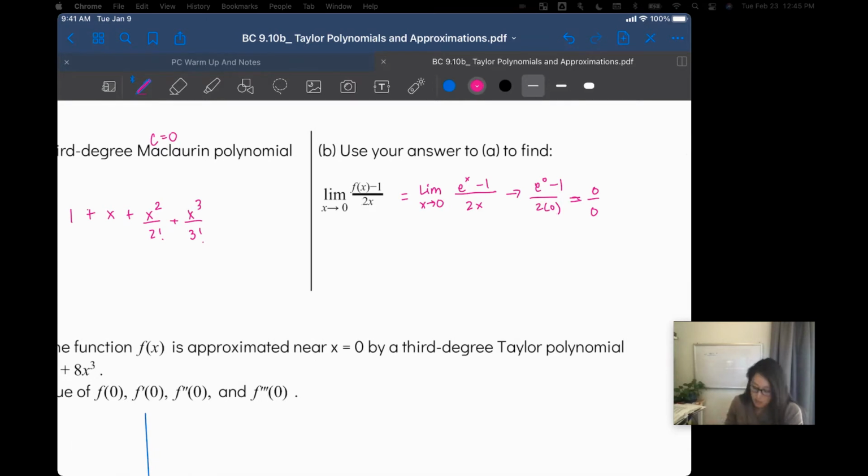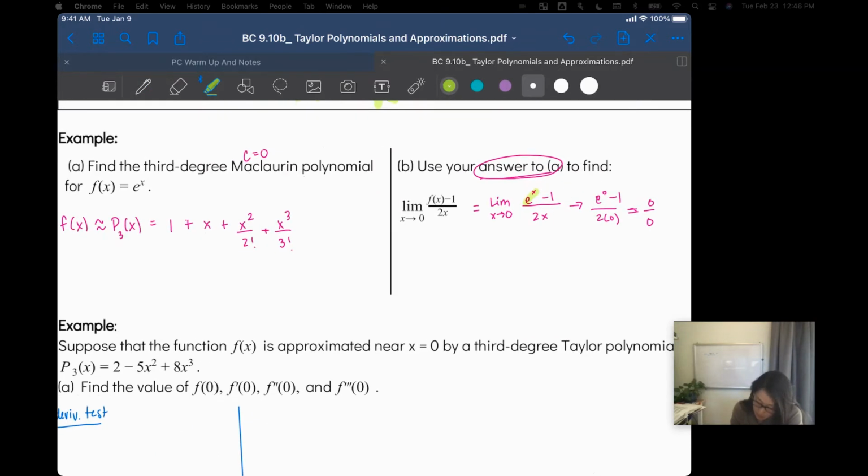So we could apply L'Hopital here, which is totally legit. But what we want to do is find the answer using our Taylor polynomial. So instead of e to the x, I am going to replace it with our approximation, the polynomial of x.